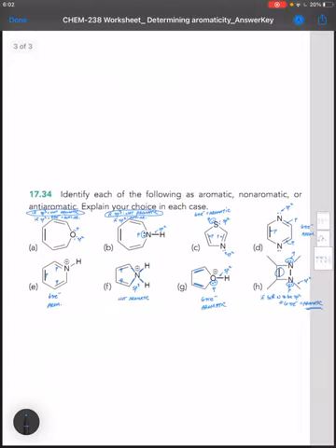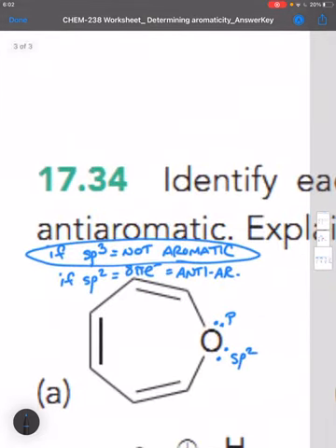So what you want to do when you're looking at examples like this is to go through, again, and basically use this kind of logic to say, what are the choices? What are the 2 possible outcomes? Well, let's imagine the heteroatom being in one configuration, and let's imagine it being in the other one. And which one of those configurations is lower in energy? The lower energy one is the one you're going to pick.